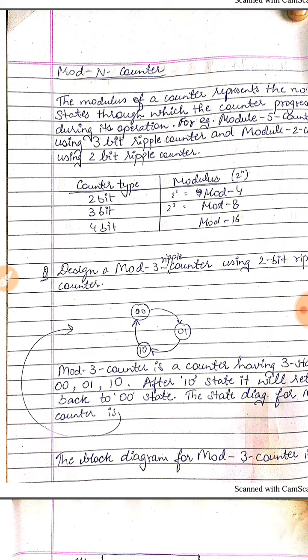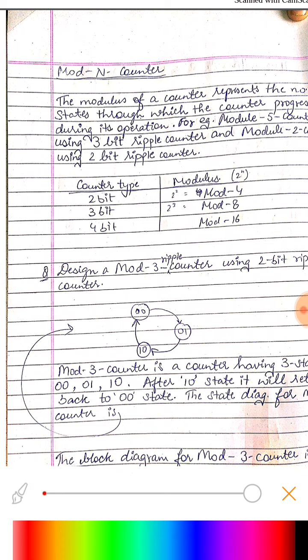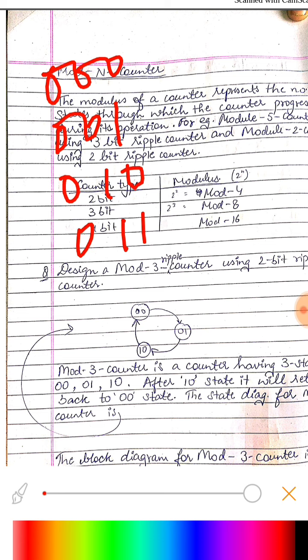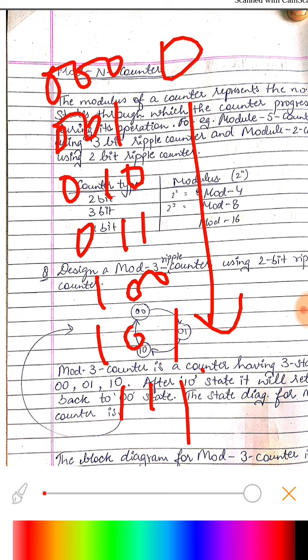Now next is modulo n counter. So what is the modulo n counter? Like we have seen, if I am making a 3-bit counter, it would count from 000 to 001, then 010, then 011, then 100, 101, and finally 111. It will count from 0 to 7.